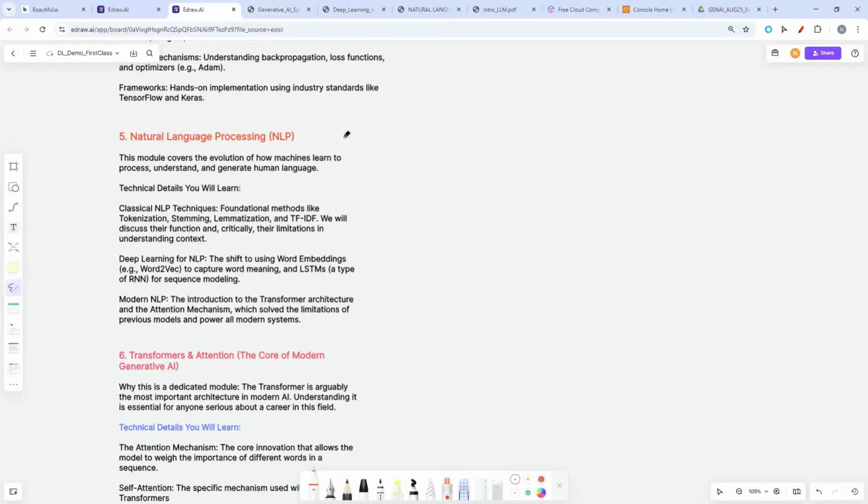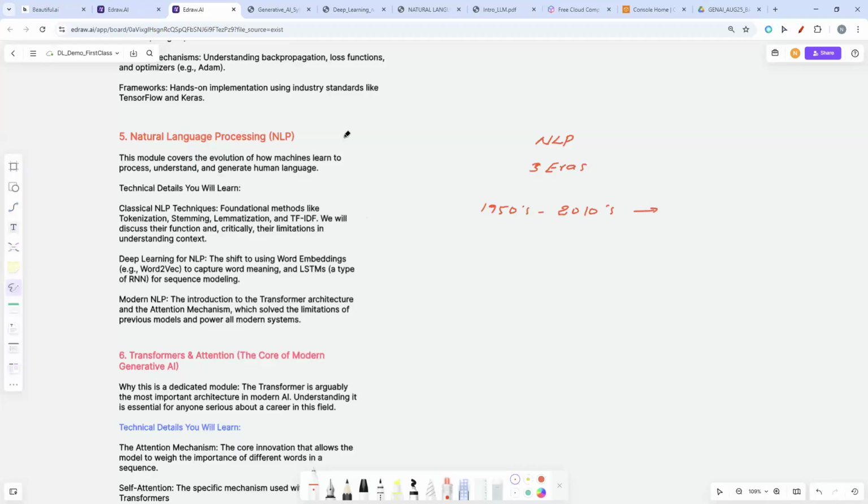NLP is classified into three eras. Eras in the sense, from the 1950s to the 2010s there was one NLP and we call it classical NLP. I have written it over here.